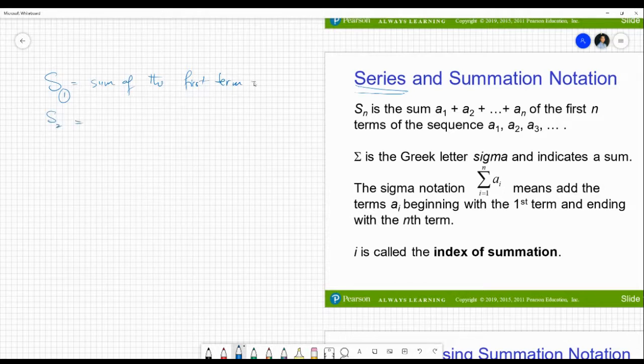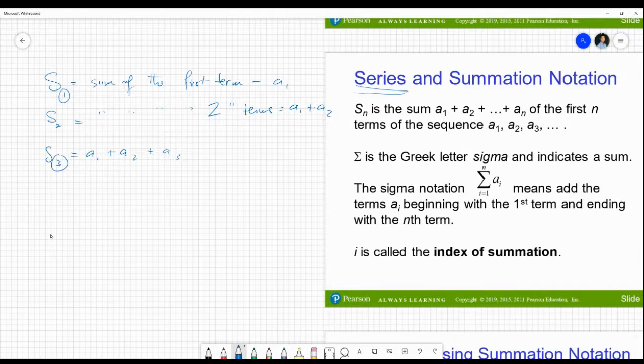So S2 means sum of the first 2 terms. That means A1 plus A2. So S3 means A1 plus A2 plus A3. So there's 3 terms. This is the subscript here.